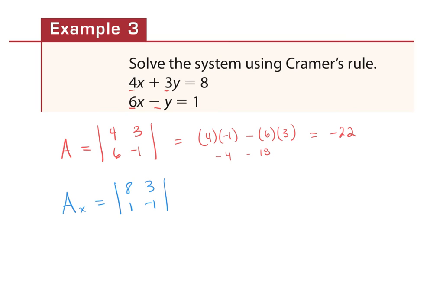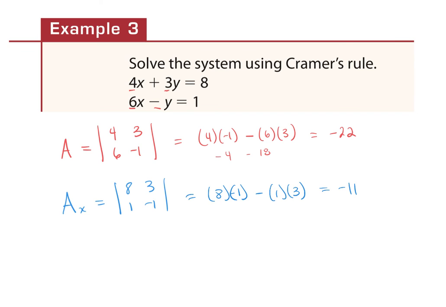All right, so all I did was replace my x column with my answers, 8 and 1. I replaced my x column with this guy. Everybody see? Now I'm just going to do a 2 by 2 determinant. So I'm going to say 8 times negative 1 minus 1 times 3. So negative 8 minus 3 gives me negative 11. All right?